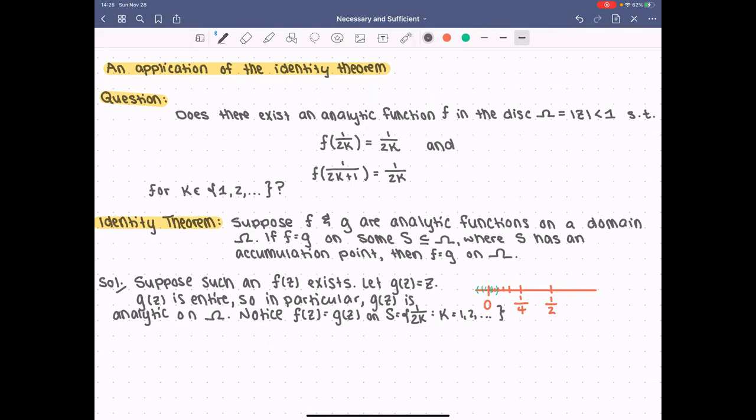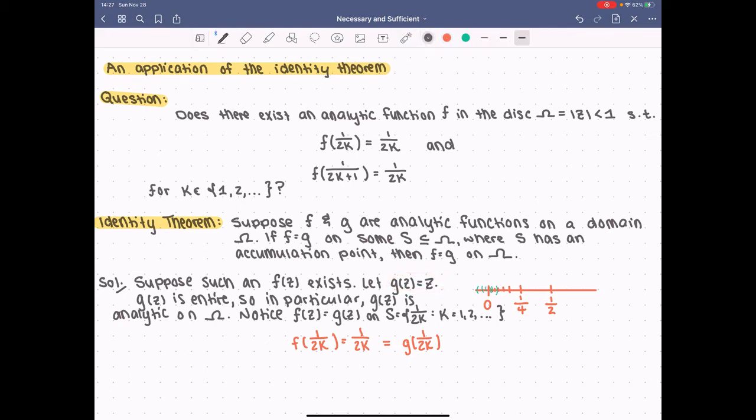Why is that? Well, we know f of 1 over 2k is equal to 1 over 2k. And then g of 1 over 2k has to be equal to that as well, just by construction. We said g of z by definition is z.